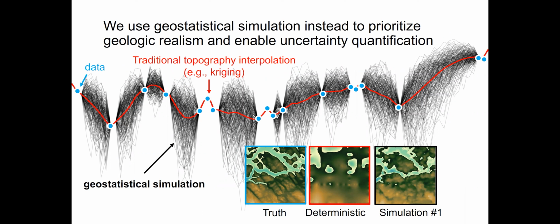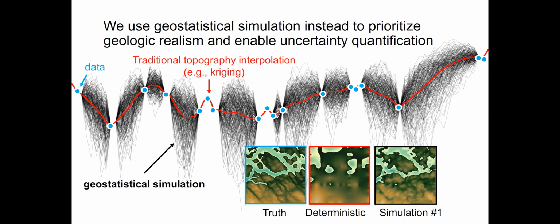So what we do instead is we do stochastic modeling or geostatistical simulation to stochastically interpolate data points with the goal of reproducing the patterns or texture of observations. And so instead of making one kind of best fit interpolation to the data, we generate hundreds of stochastic realizations. And that allows us to produce things that look much more realistic.